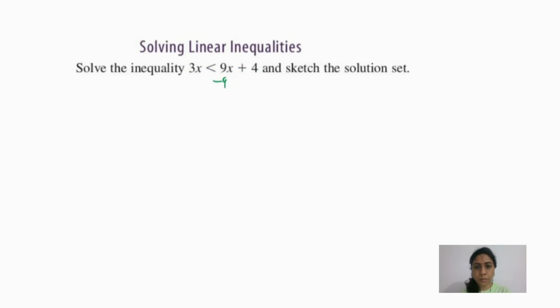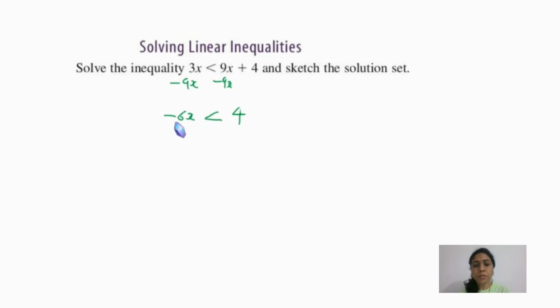So subtract 9x from both sides: 3x minus 9x is minus 6x, less than 4. When you subtract any number from both sides, the inequality sign doesn't change.